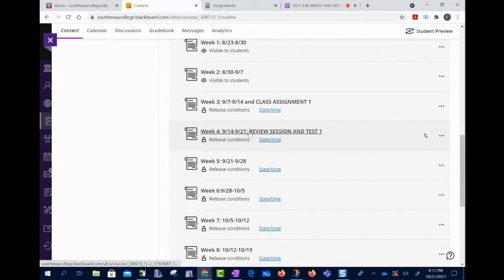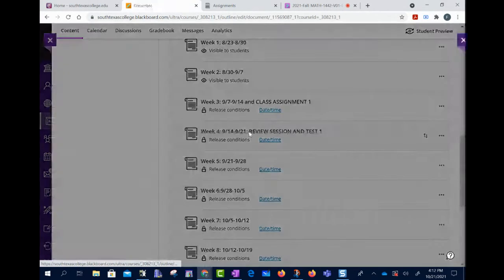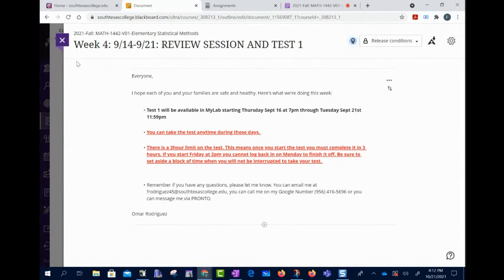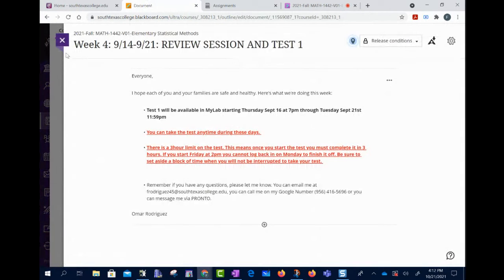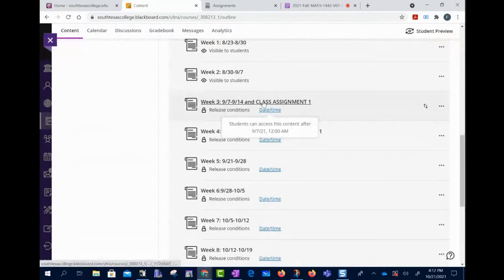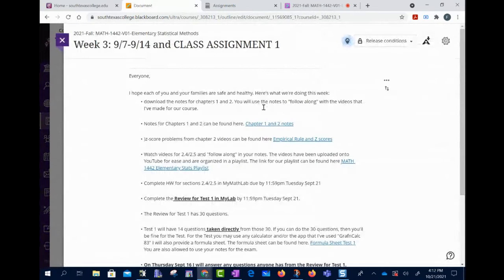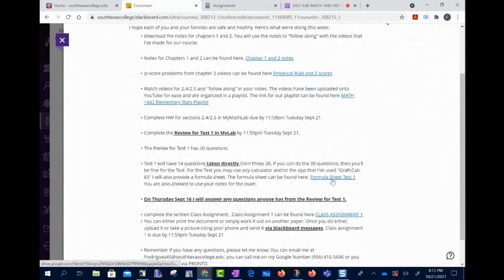This was from our review and test one. Maybe it's in this part. Yeah, here we go. So here's my formula sheet from test number one.